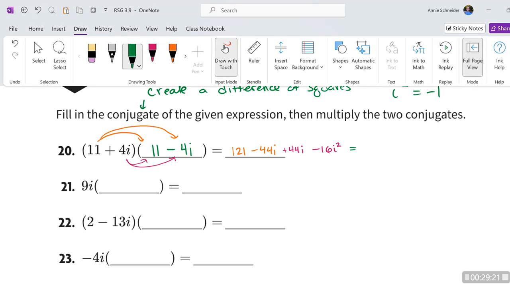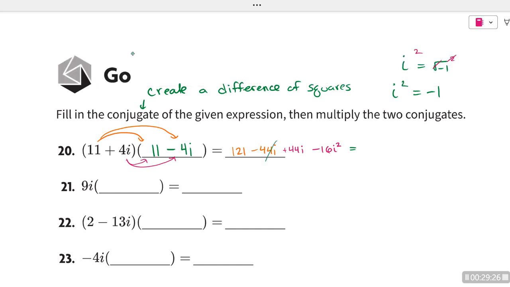So I can replace any i squared I see with -1. Those i terms add to 0. So -16 times -1 becomes +16. And now because those are both constant numbers, we can add them together. So we get 137.